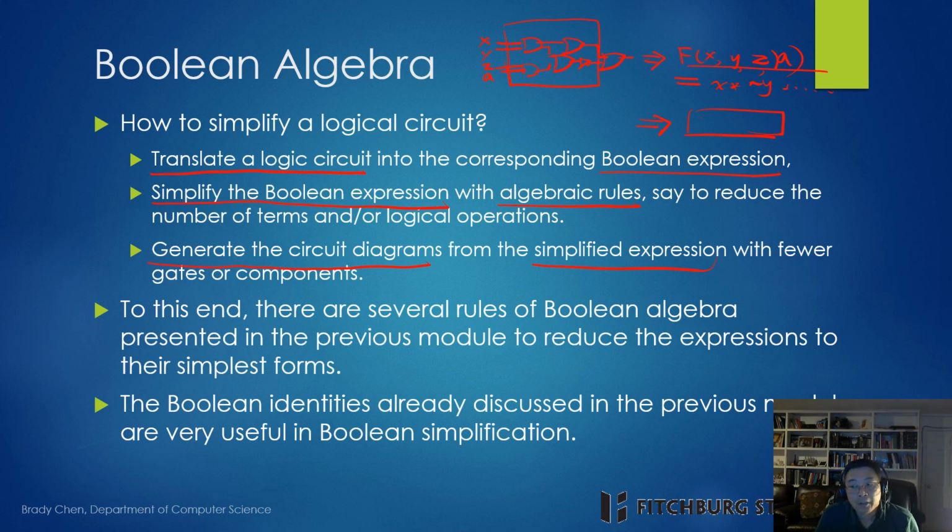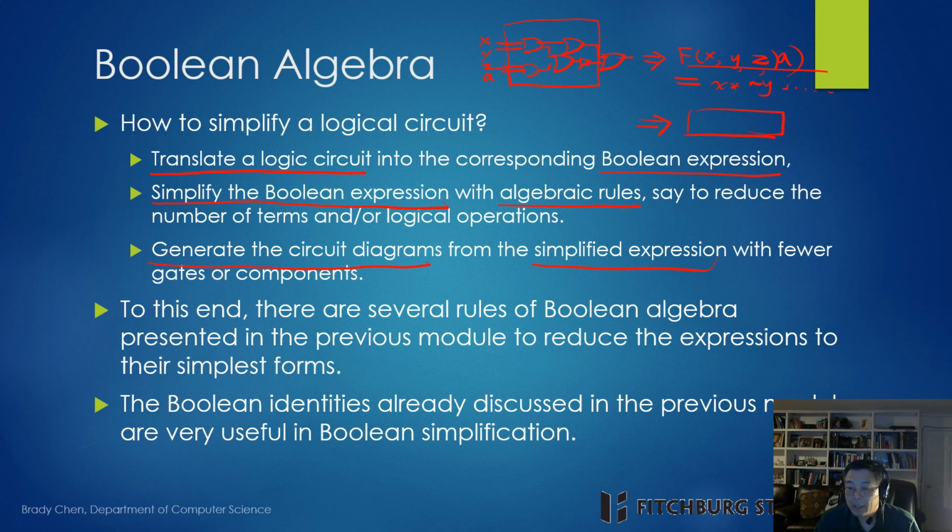Now, to this end, there are several rules of Boolean algebra presented in the previous module to reduce the expression to the simplest form. The Boolean identities we discussed earlier include several identities, like the identity law, the associative law, or the commutative law.